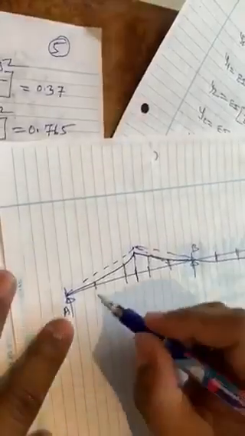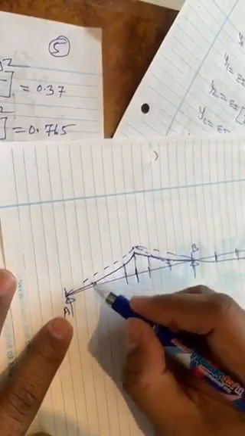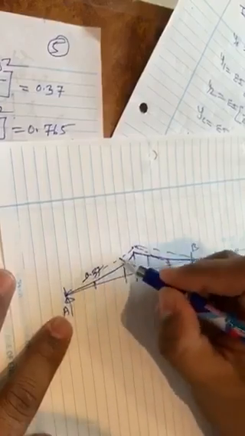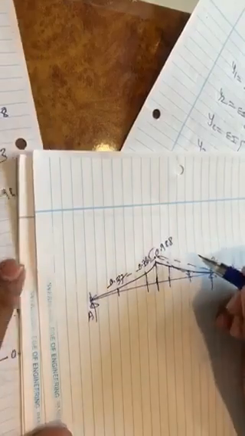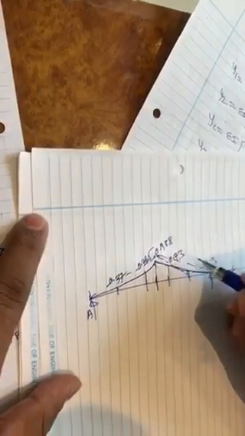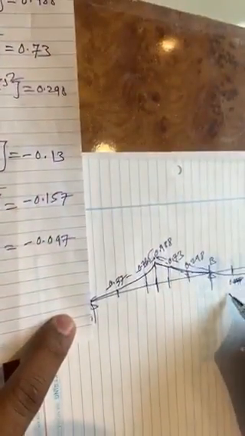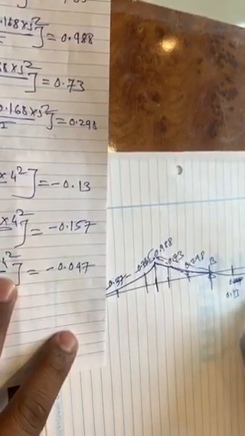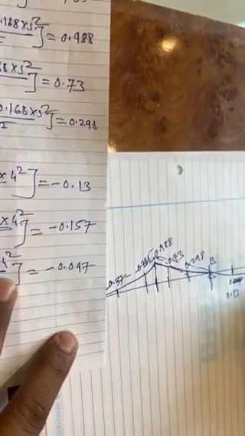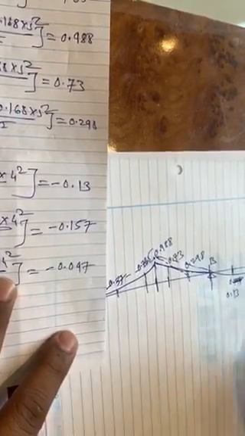So these are the values: 0.37, 0.765, 0.988, then 0.73, 0.298, and on this side 0.13, 0.157, and 0.097. That's it. Thank you.